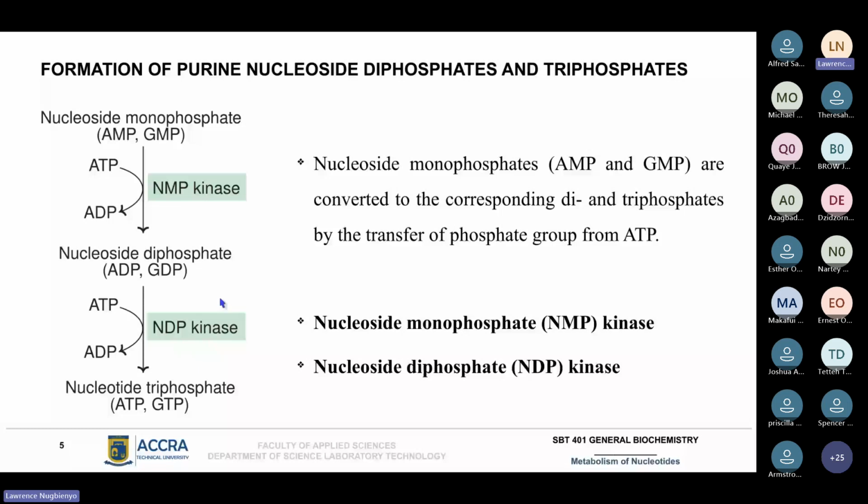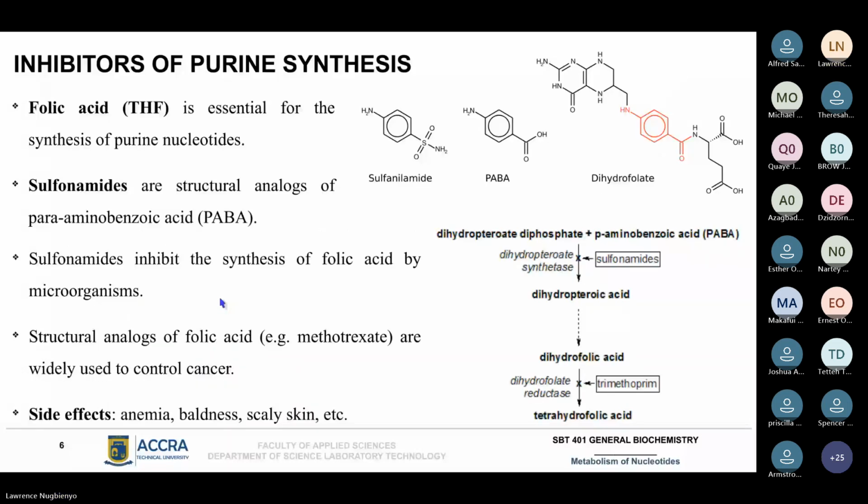Now, let's talk about some health implications of this process of purine synthesis that we have just looked at.